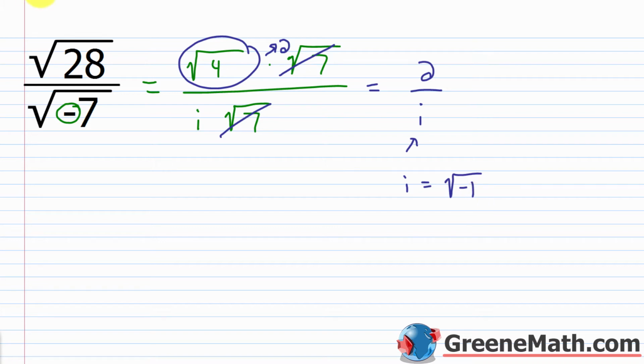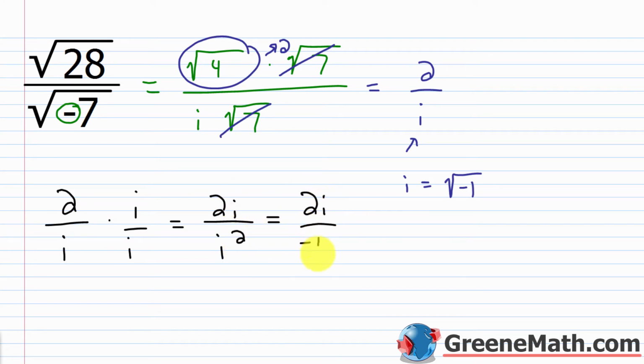So what you want to do is rationalize the denominator. So 2 over i, we'll multiply by i over i. And what happens is i times i is i squared. Then you have 2 times i in the numerator. i squared has a definition of -1. So you get 2i over -1, or -2i as your answer.